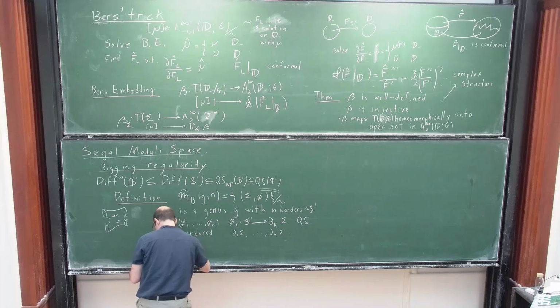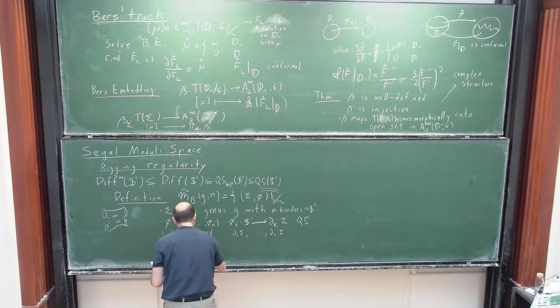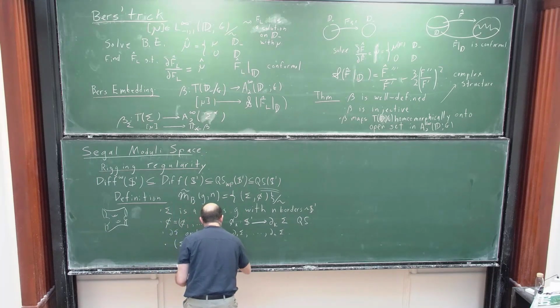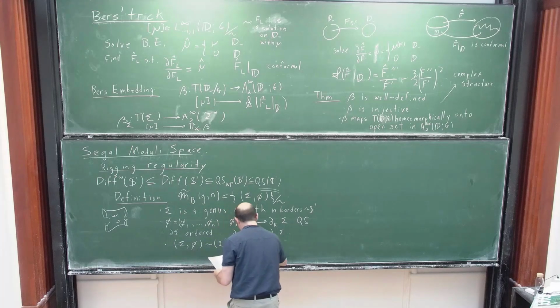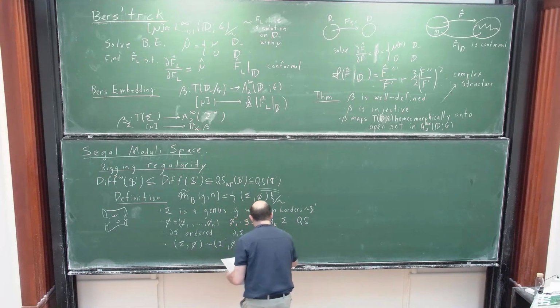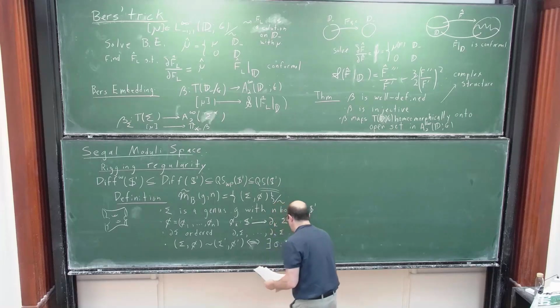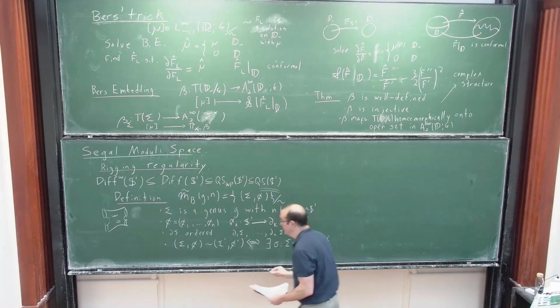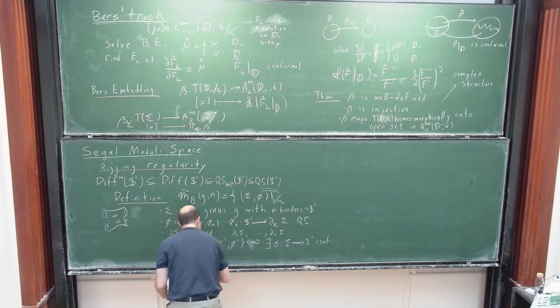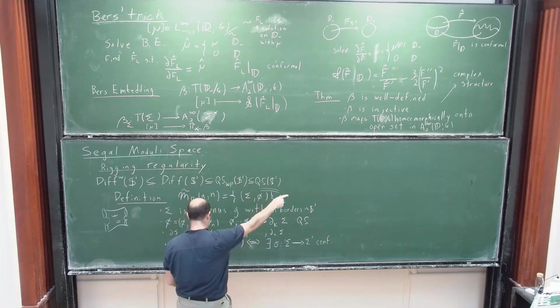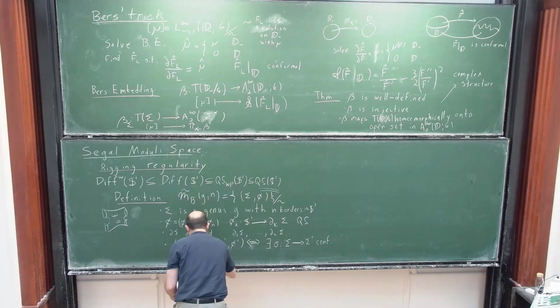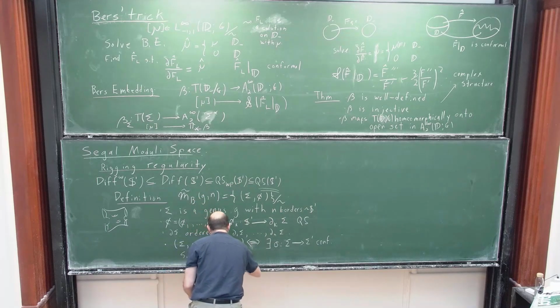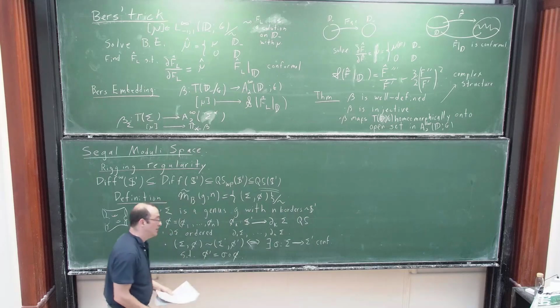You say that sigma phi is equivalent to sigma prime phi prime if and only if there exists a sigma which is conformal such that phi prime is equal to sigma of phi for all k.